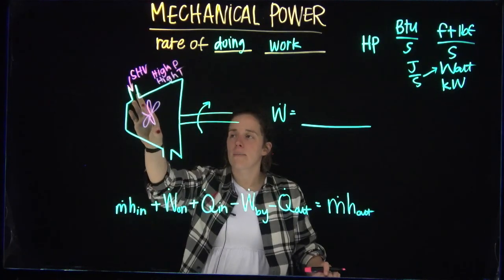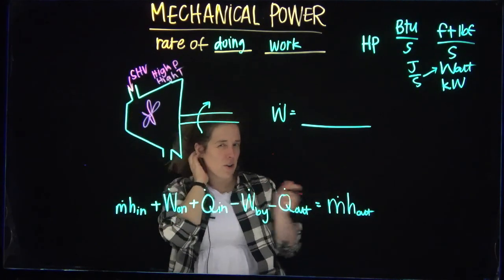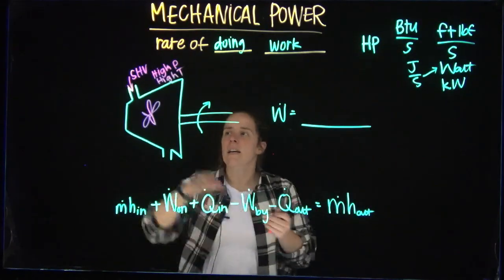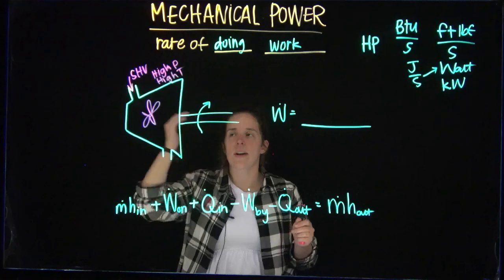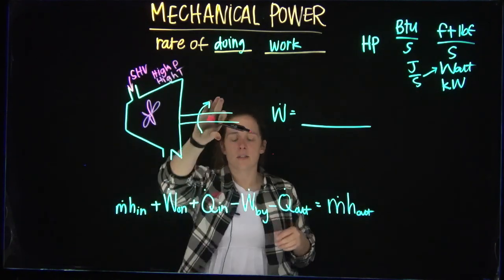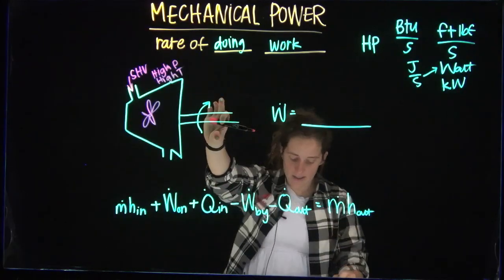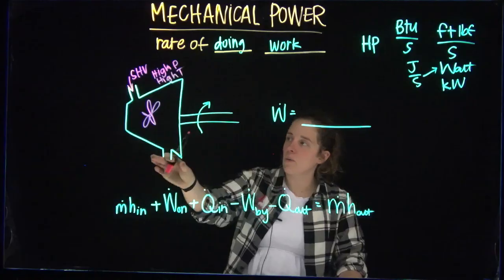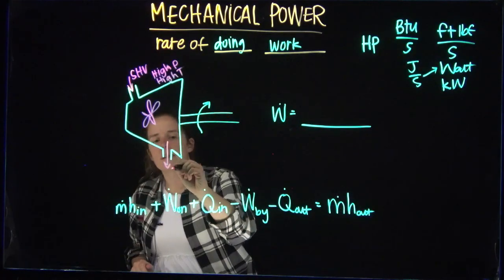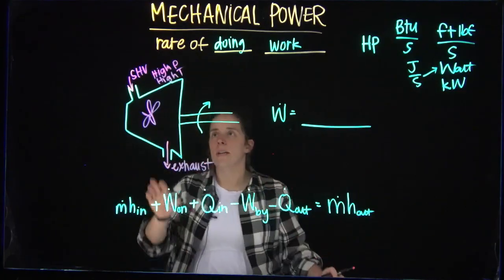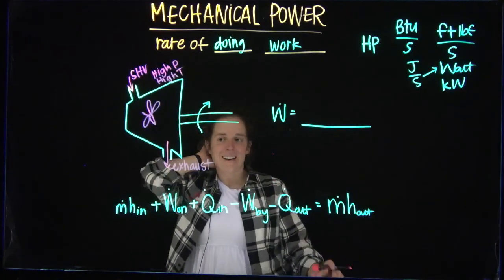You can think about this like those merry-go-rounds in parks that you could grab on and spin. That's kind of what this is doing, it's hitting those fan blades, those turbine blades, and spinning them to make this shaft turn. And what comes out here is called the exhaust, which is going to be at a lower pressure.